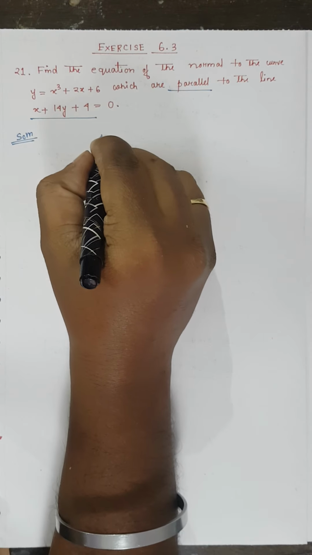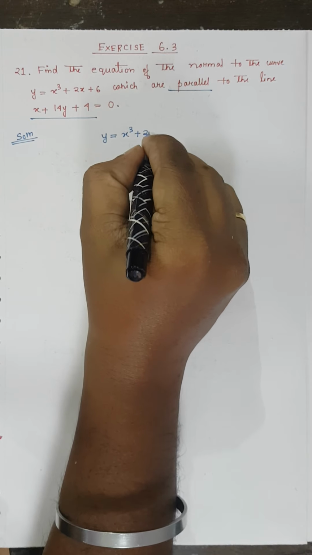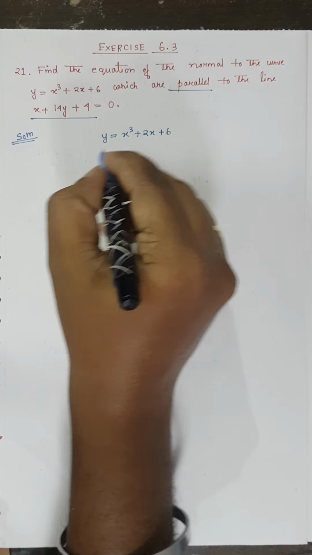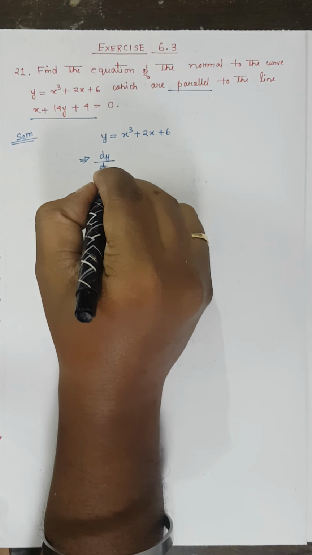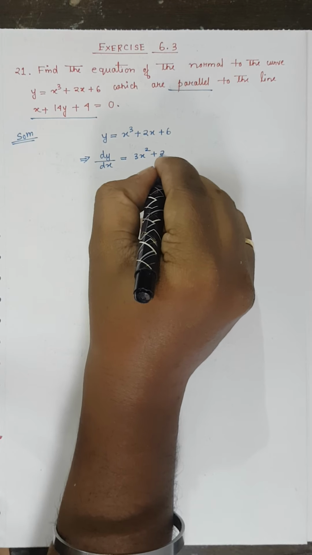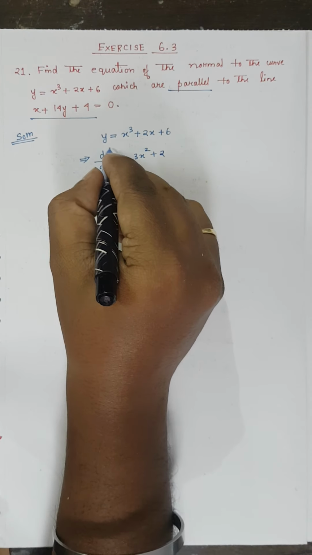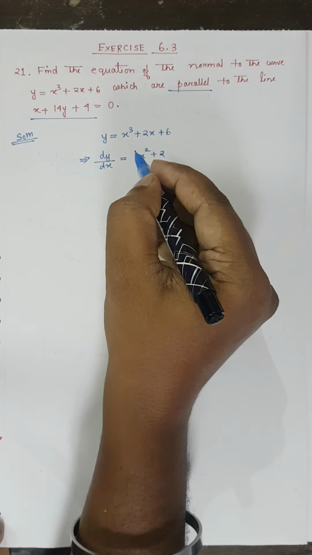Given the curve is y is equal to x cube plus twice x plus 6. If you find dy by dx, it is 3x square plus 2. We know dy by dx denotes the slope of the tangent.